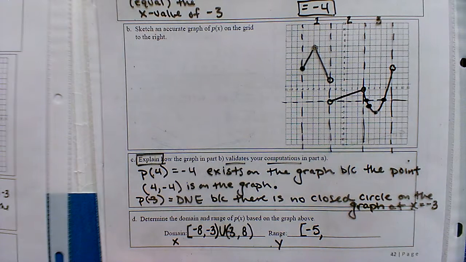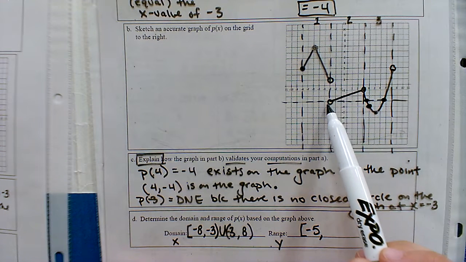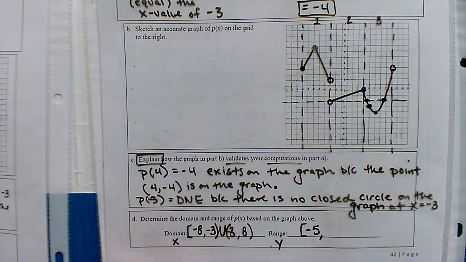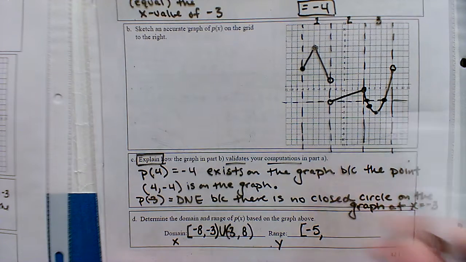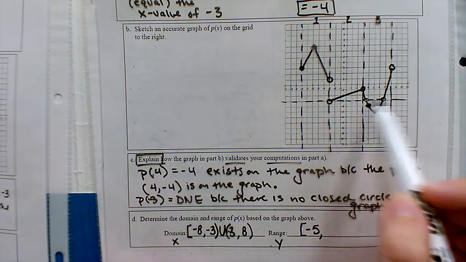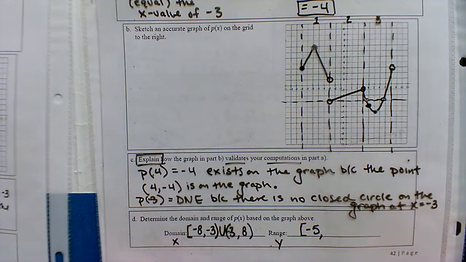So even though you can't touch -3 here, you can touch -3 here. As long as you can touch a portion, you're going to keep dragging your pencil. We're just concerned with when you never touch any portion of your graph. That's when we have to jump over that particular section. So it can get tricky. The range can be a little difficult. Even though this is an open circle, you're still touching a portion of your graph over here.